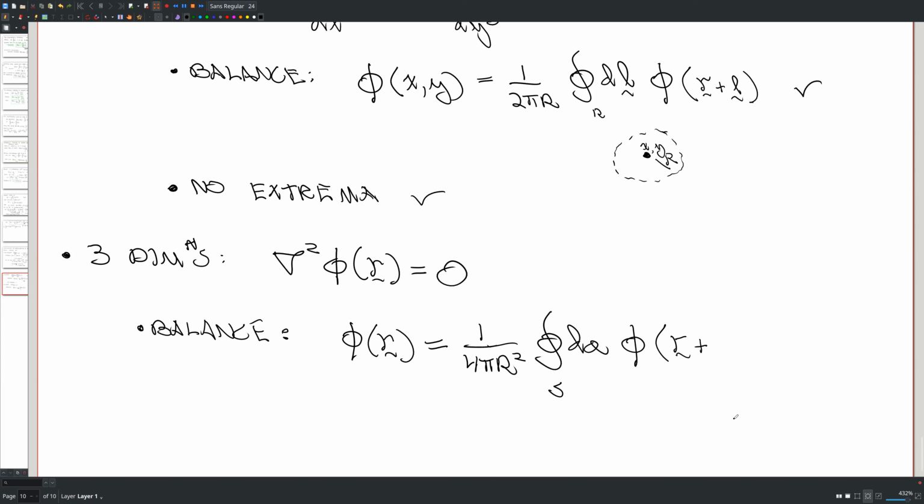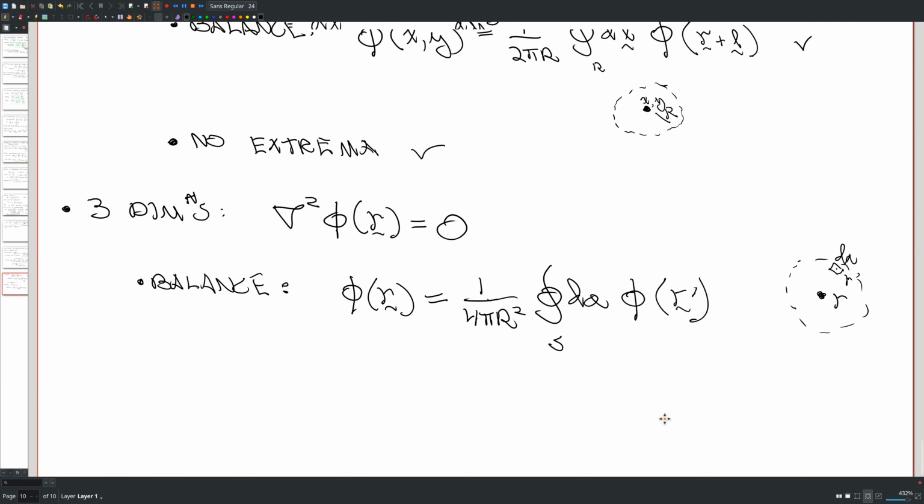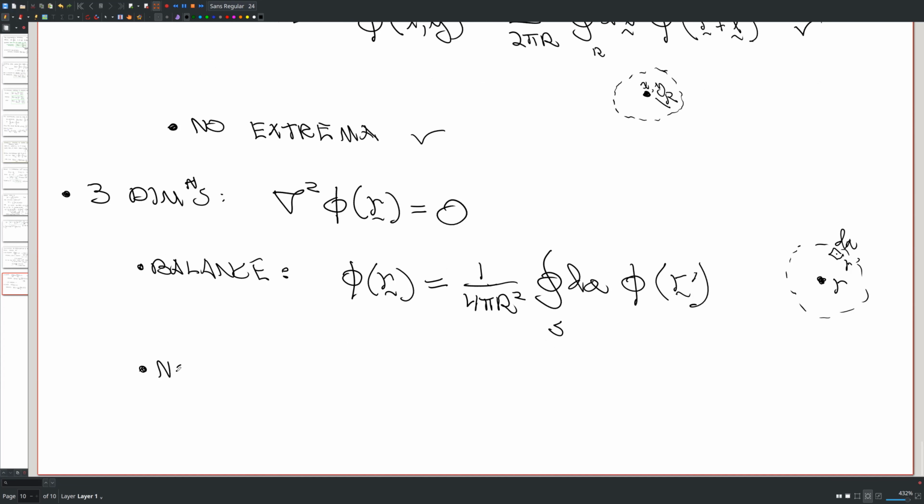Maybe I'll just call this r prime. Okay, you see what I mean? I've got a point r, I've got a shell around it, and I'm integrating over these little dA, which are situated at these points r prime on the shell surrounding r. So again, this is the same thing, balance and no extrema.